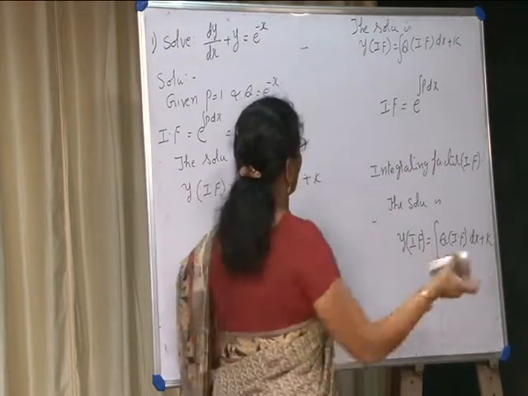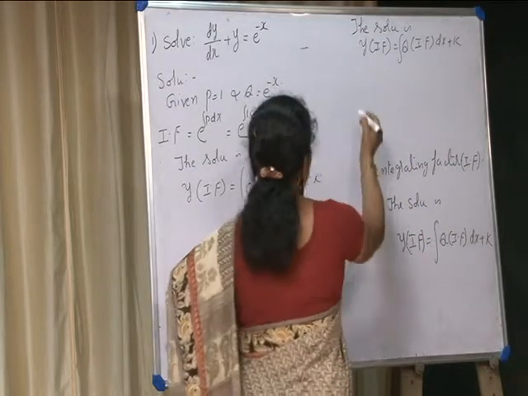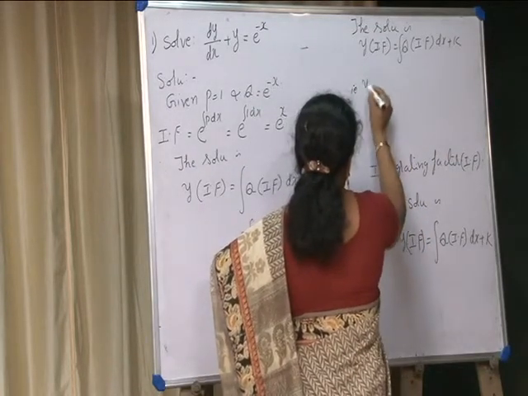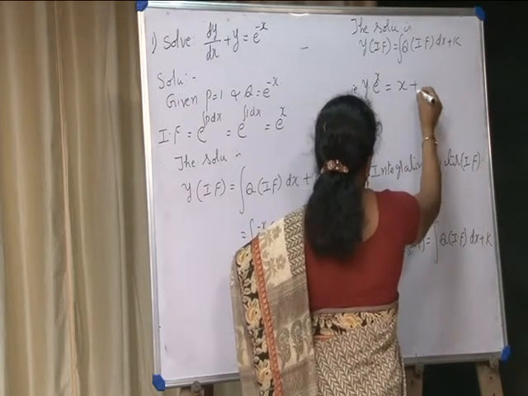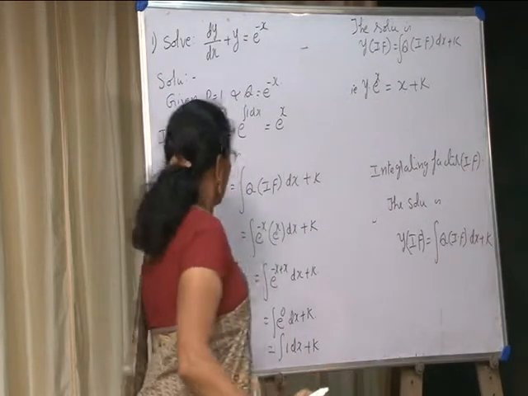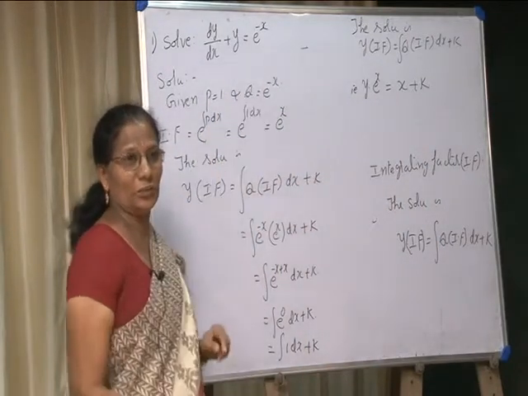According to that, substitute the values: y into e to the power of x is equal to x plus k. That is the solution of the given differential equation.